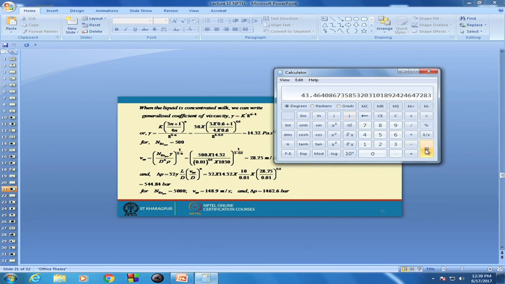So 43.46 meter per second is the average velocity.